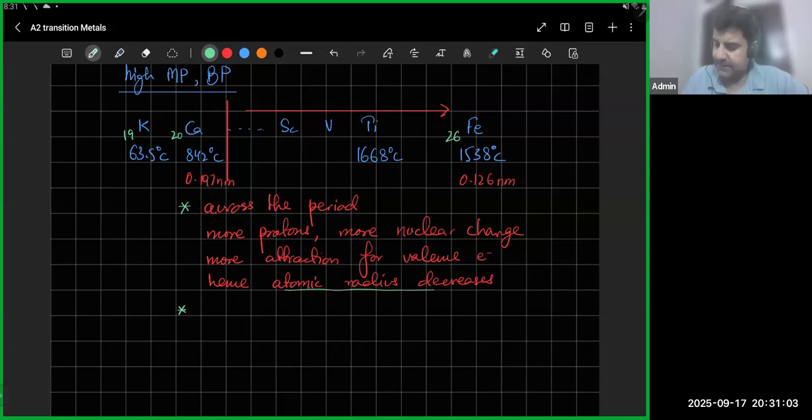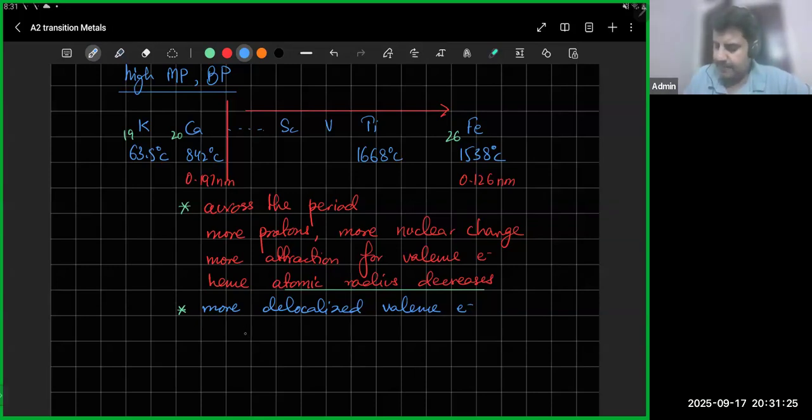The atomic radius is decreasing. Point number two is when you move to the right, there are going to be more delocalized valence electrons. And why would there be more delocalized valence electrons?